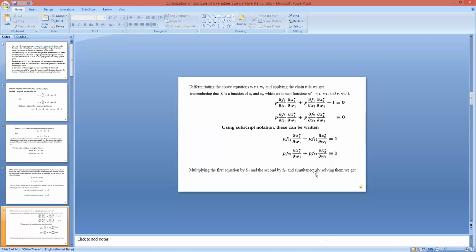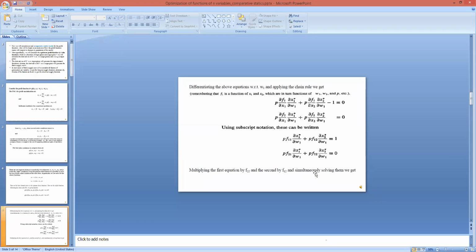So we want to find out del x1 star by del w1, del x1 star by del w2, and del x1 star by del p. The similar thing we will like to do for x2 star. That is, we will again derive 3 derivatives for x2 star. So we will do these exercises one by one. So let's first consider changes for x1 star only. So we will take derivative with respect to w1 first, then with respect to w2.